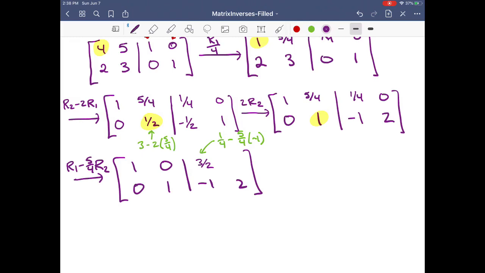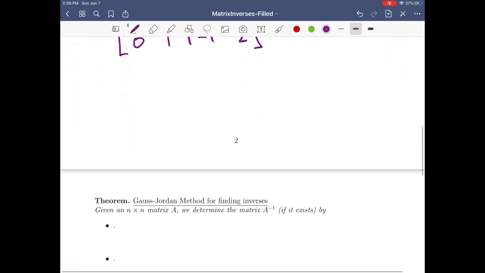Okay, and then in the last spot, I used to have a 0. Now I'm subtracting 5 over 4 times 2. So that's going to be just -5 over 2. Okay, so we're done row reducing.